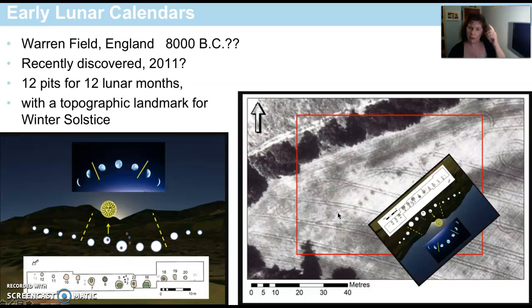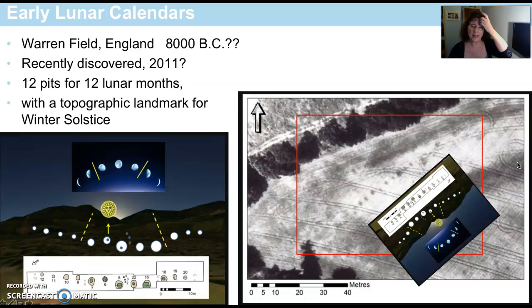And that 12, whenever you see 12, you're starting to think about lunar months. And they lined it up with the topography of the area and a hill that is right here. And you see this hill right here. And these pits were showing the winter solstice coming right between the V of this hillside, which is noted here by this dark area. So that goes back to 8000 BC.